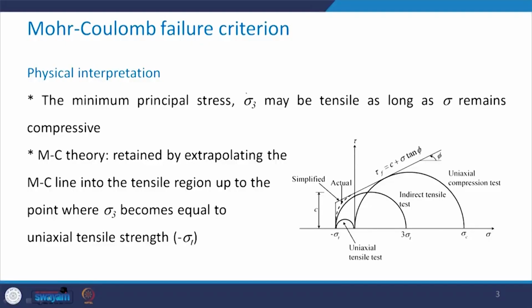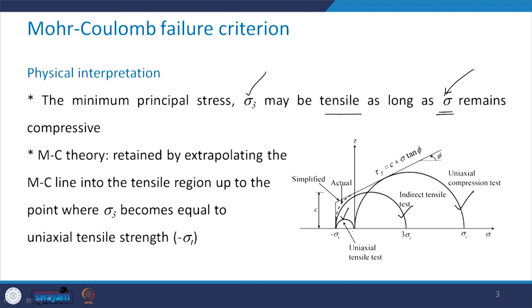The minimum principal stress, which is sigma 3, may be tensile as long as sigma remains compressive. This sigma is the normal stress on the failure plane. Take a look at this figure. This Mohr circle corresponds to the uniaxial compression test. This one corresponds to the indirect tensile test, which is the Brazilian test, and this small one is for the uniaxial tensile test.